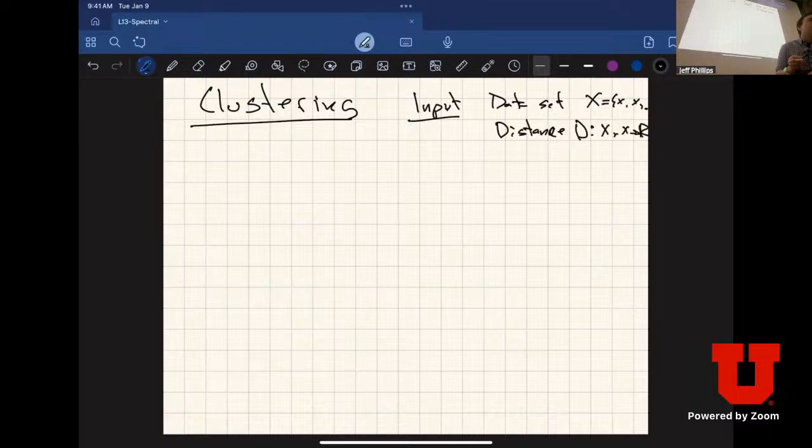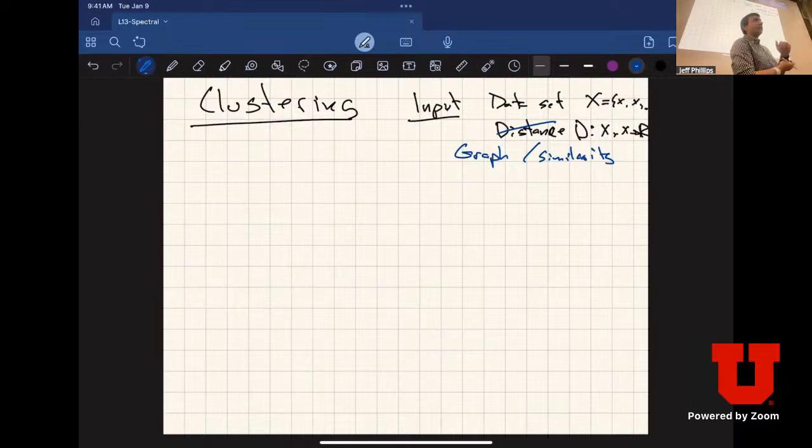We're going to change it up a little bit today, and instead of the distance, the input is either going to be a graph, which I'll explain, or a similarity function instead of a distance function. If you have a distance function, you can often convert it into a similarity function, and we've talked about that transformation back and forth, but sometimes it's more natural to talk about a similarity function. And this will convert pretty directly into the input representation we'll have for spectral clustering.